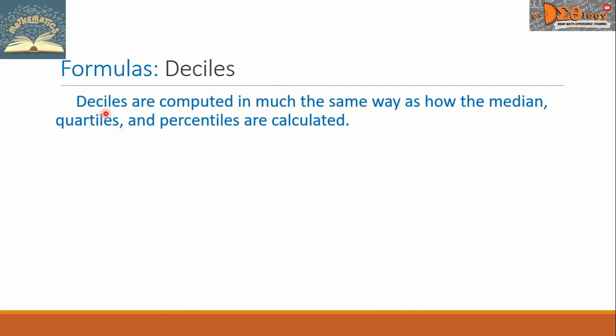Let us see now the formulas for the deciles. It is said that deciles are computed in much the same way as how the median, quartiles, and percentiles are calculated.